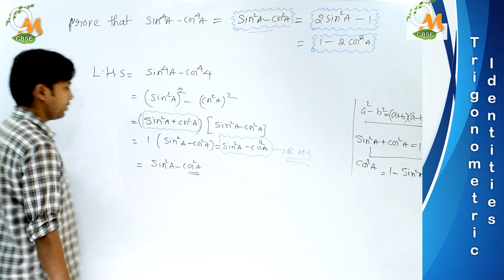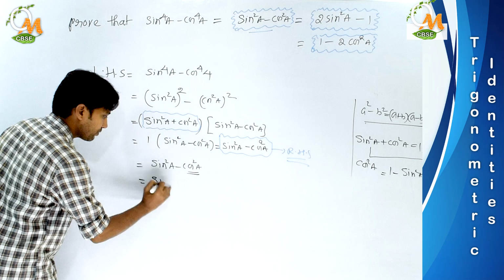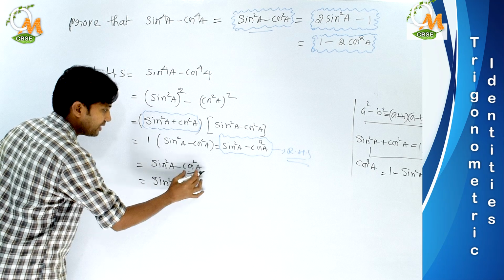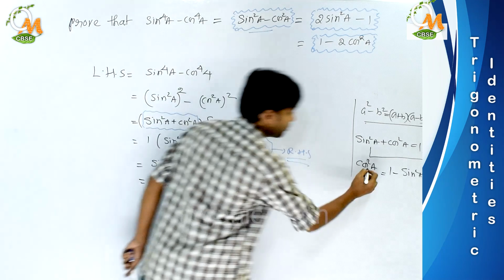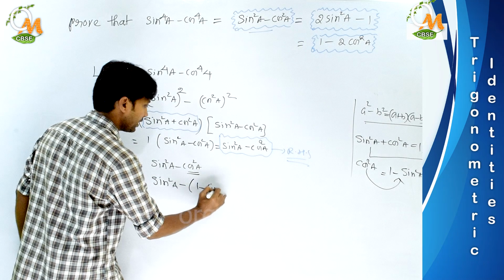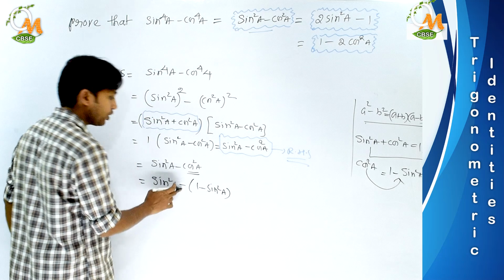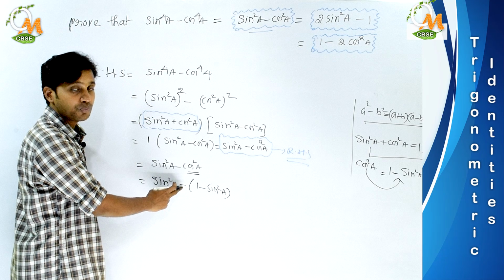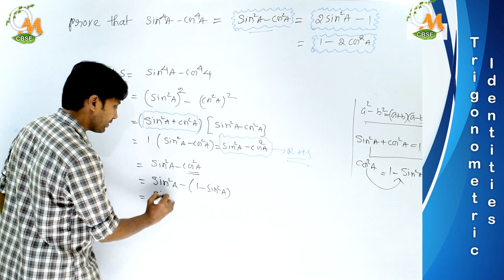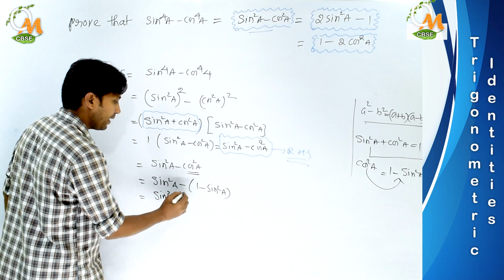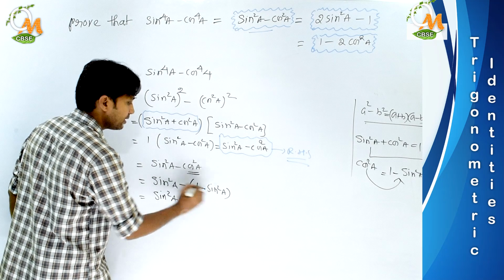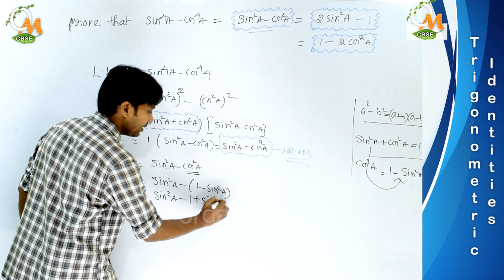So sine square a write as it is, minus, in place of cos square a, put 1 minus sine square a. Take care, because the minus symbol is in front of that, so please put the bracket. Now open the bracket: sine square a minus into plus minus 1, minus into minus plus sine square a.